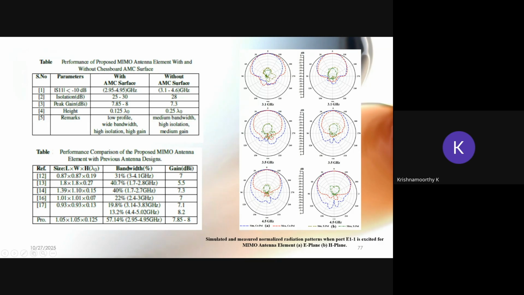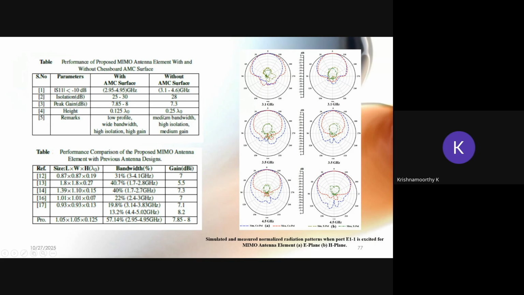So in summary, the AMC surface gives better performance compared to the conventional ground plane. We are getting better isolation, better gain, and also compactness, because we can reduce the height of the antenna.